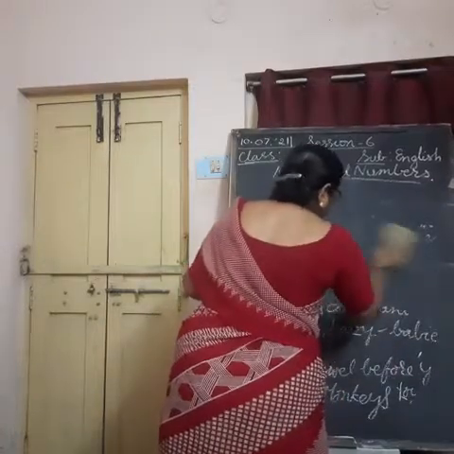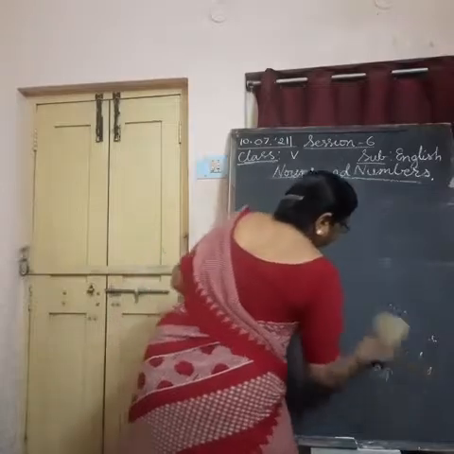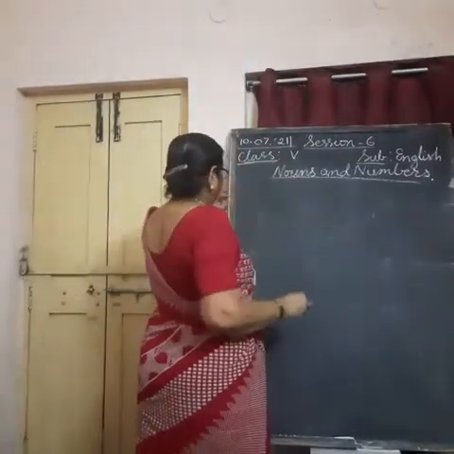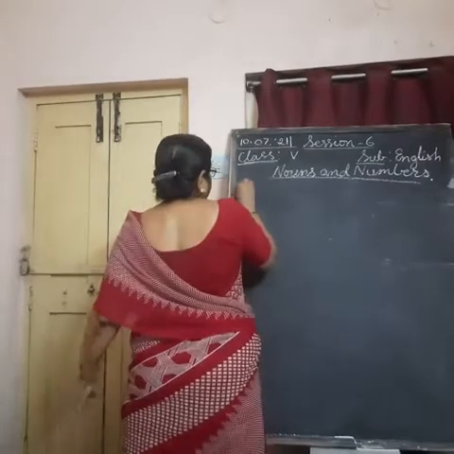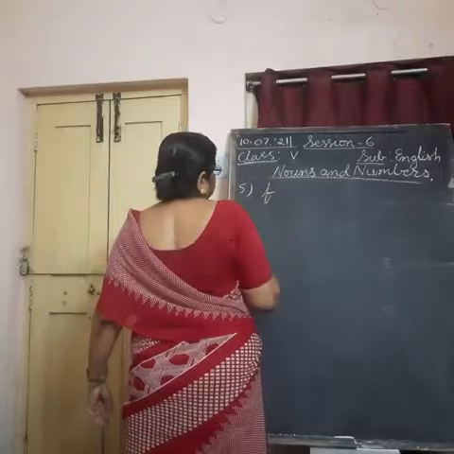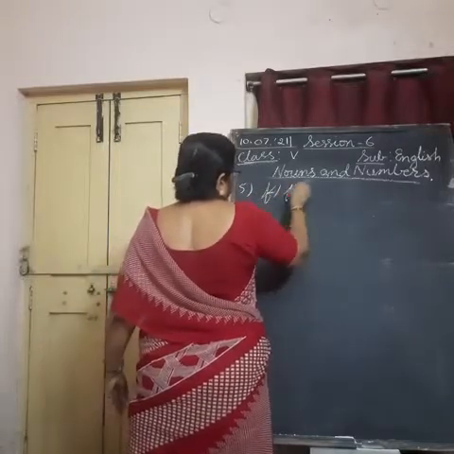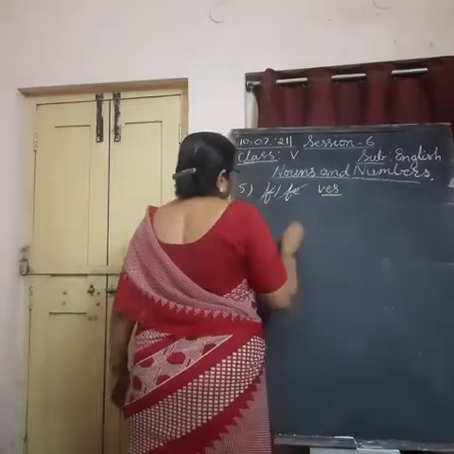Just now I gave you other examples also, as 1, 2, 3, 4 over 5th. What I said, if the word ends with f or fe, we are cancelling f or fe and adding ves in this place.